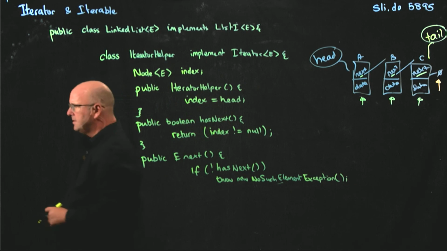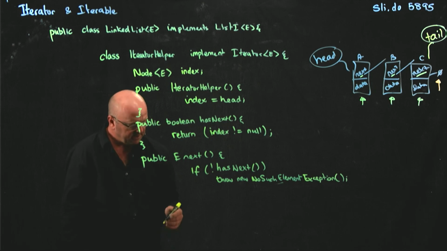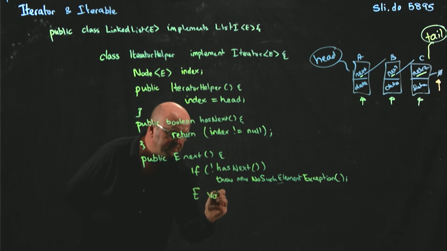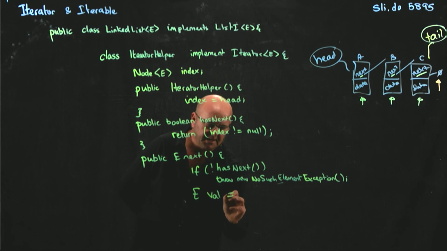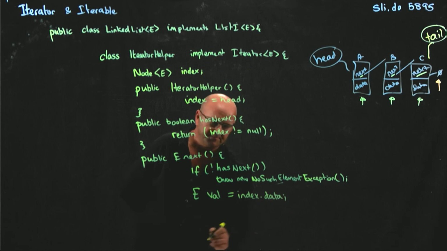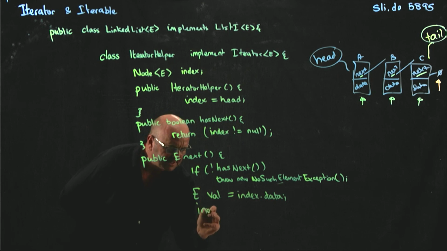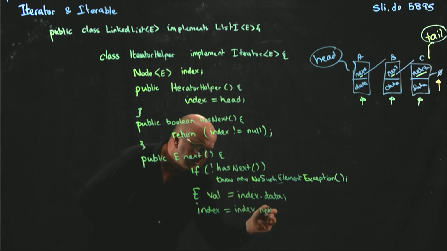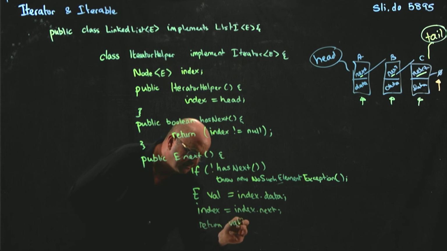Okay. So if we don't have anything to return, we want to tell people. If we do have something to return, let's make a variable called value that we'll remember. It's a type E, and that's going to be index.data. Index equals index.next. Return val.